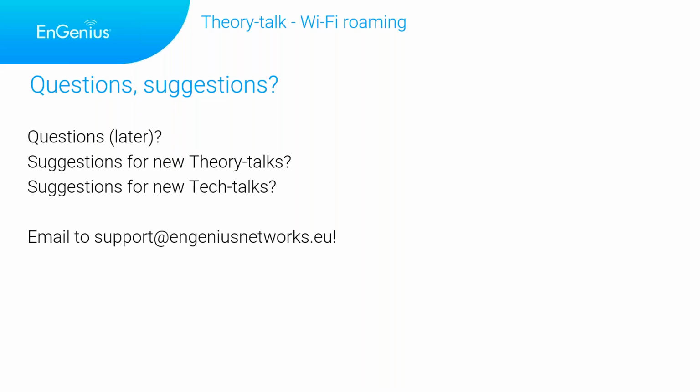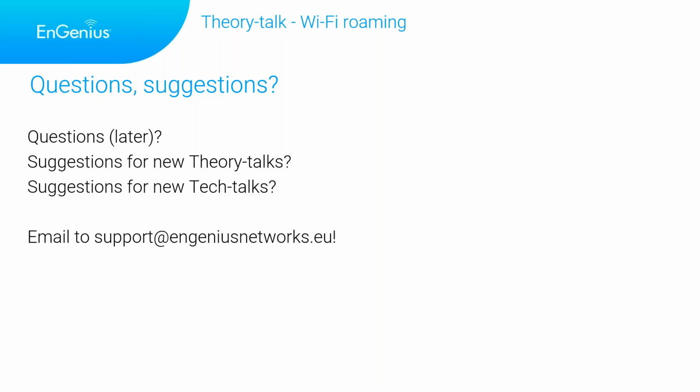Question: if your clients do not support the protocols, is it necessary to activate them in the AP? No, it's not. But on the other hand, you can expect that clients over time will start to support it, and this will help your network in the future. So you really want to have this enabled.